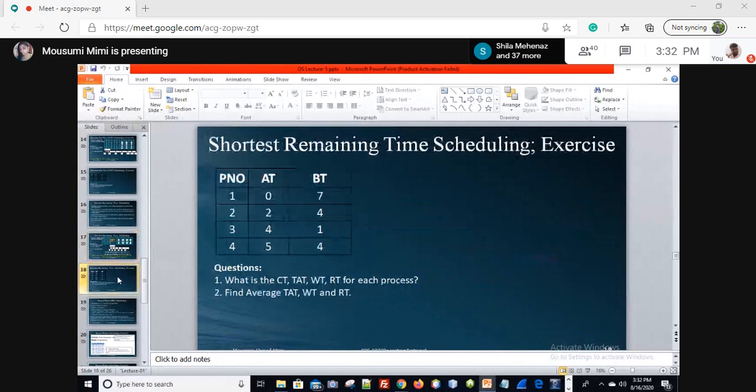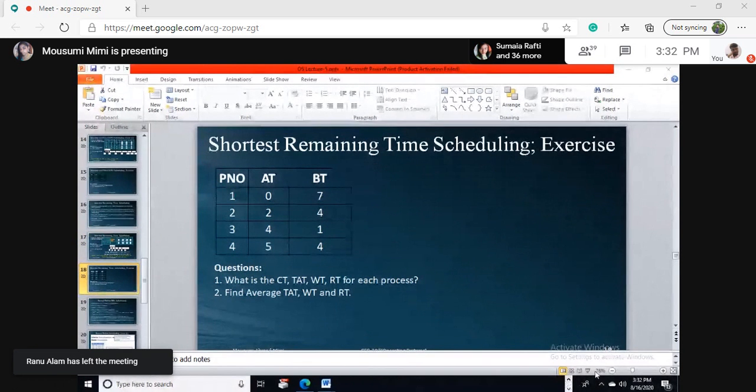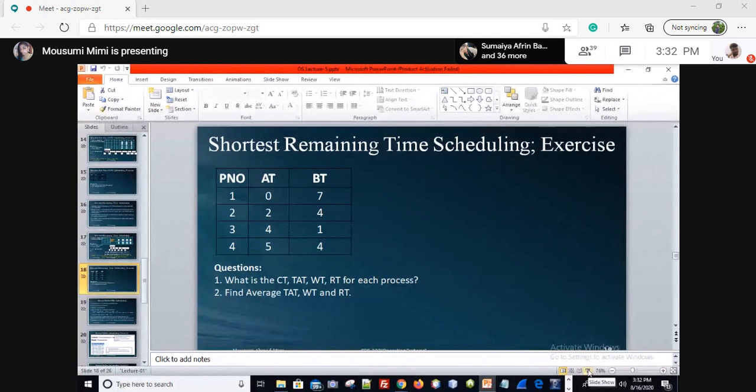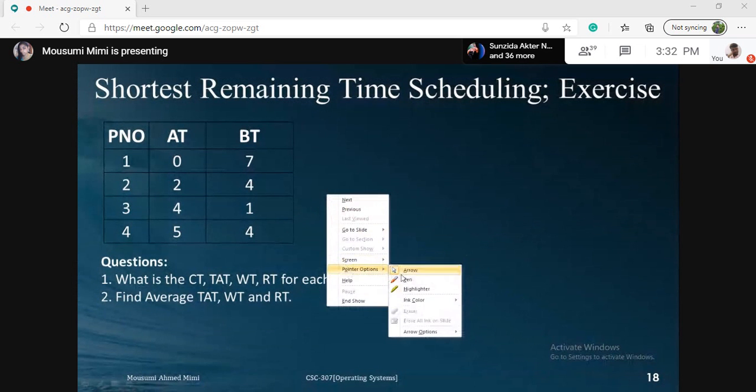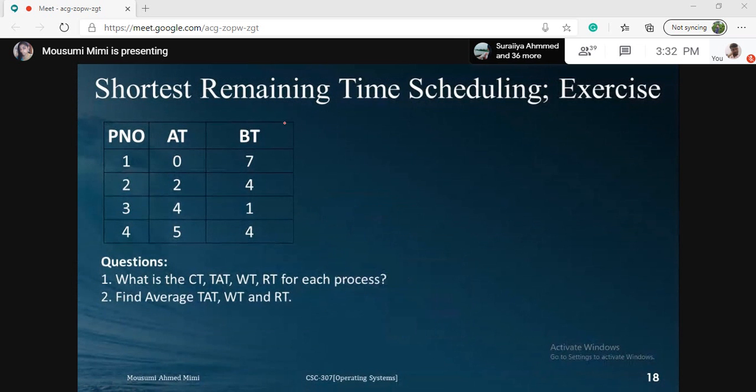Now look at this exercise. The most important thing is to find out the completion time. So first of all, look, there are a total of 4 processes.